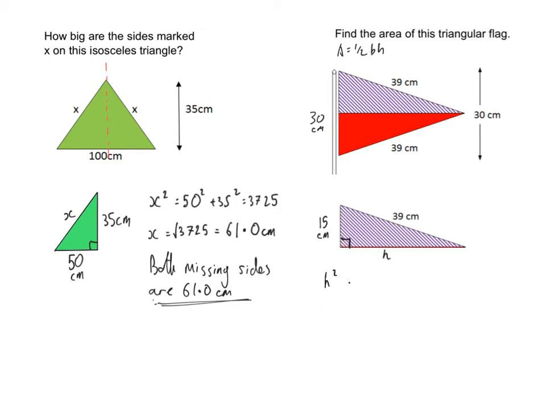So h squared is the big square, 39, minus the small square, 15. Right, typing that into my calculator gives me 1,296. h will be the square root of that.